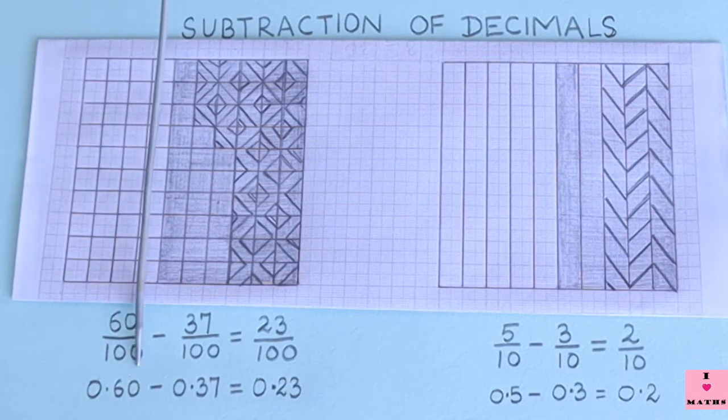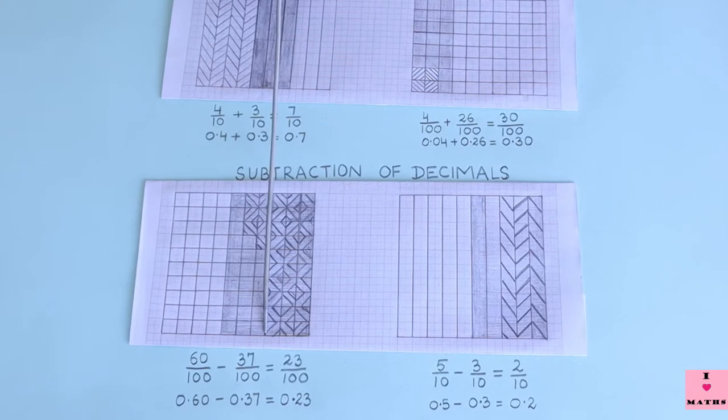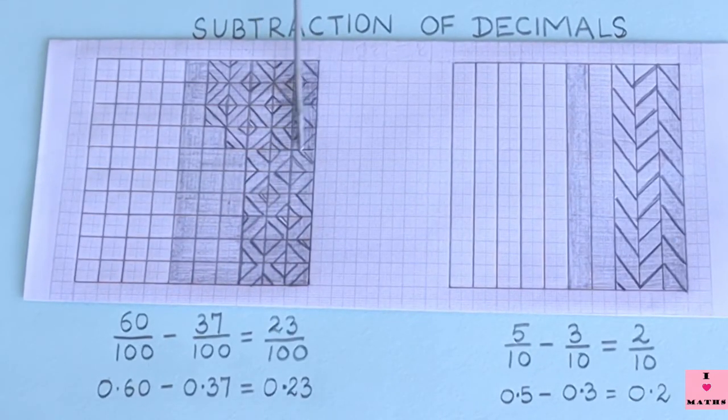Now we want to subtract these 37 parts. These are 37 parts. 37 parts we want to subtract out of these 60 parts. So 37 upon 100, which is 0.37.